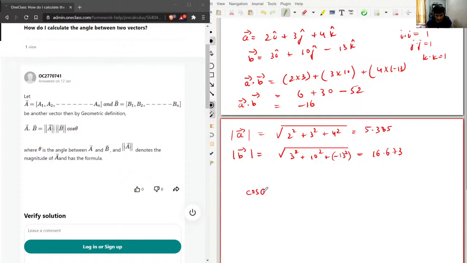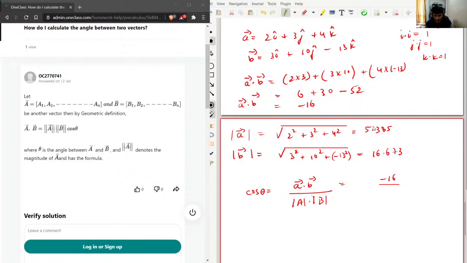So cosine of theta will be a dot b over magnitude of a times magnitude of b. So that will become a dot b was negative 16. Obviously this angle is going to be in either the second quadrant or the fourth one, because cosine is negative here.